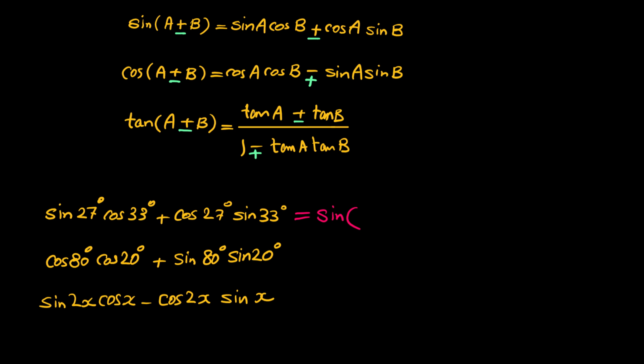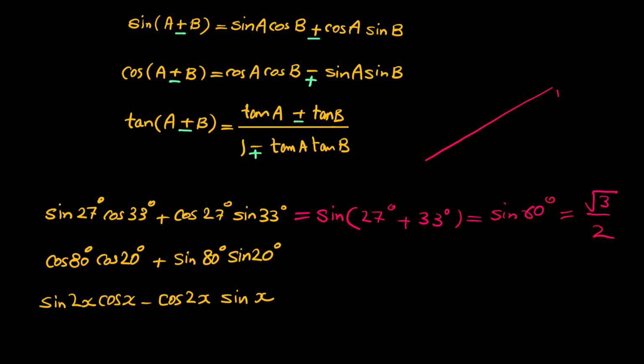27 degree plus 33 degree. But we know that 27 plus 33 is 60 degree, and based on the special triangles that you should be familiar with, sine of 60 degree is square root of 3 over 2.